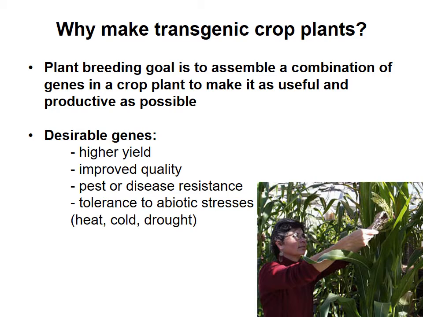So this is just another tool that enables plant breeders to do what they have always done, that is, generate more useful and productive crop varieties containing new combinations of genes. But it also expands the possibilities beyond the limitations imposed by traditional cross-pollination and selection techniques.